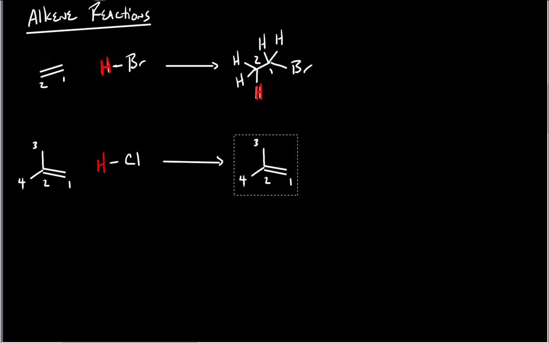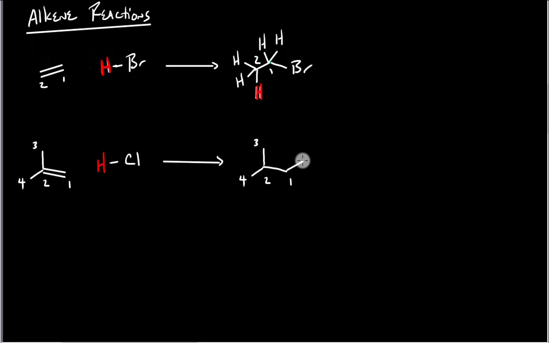Okay, so the first thing that you should have done was remember that going from the alkene to the final product, we went from an alkene to an alkane. And so what we need to do is get rid of that old 1-2 double bond, so we now have a single bond. And if you followed the template from up above, just like we added bromine to carbon 1, you could then say, oh okay, I need to add chlorine to carbon 1.